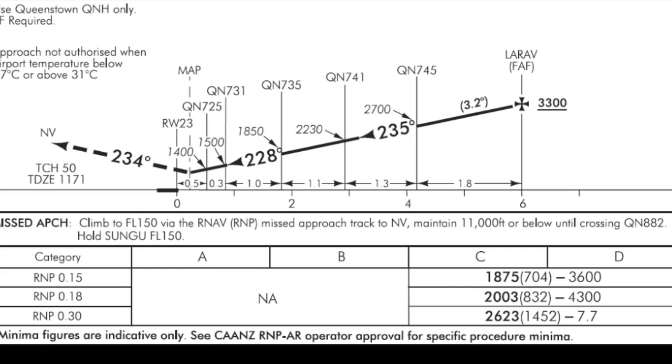Our approach minimums will be 1,875 feet. If the RNP should go above 0.1, it would obviously go to 2,003 feet. If it were to go above 0.18 again, it would go to 2,623 feet, and that's obviously the altitude at which we have to decide to continue the approach or not.